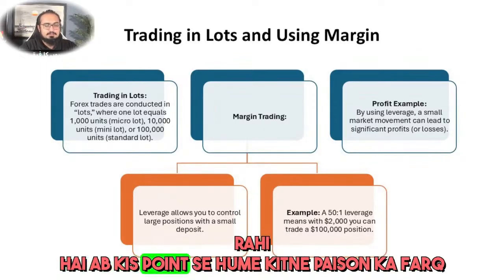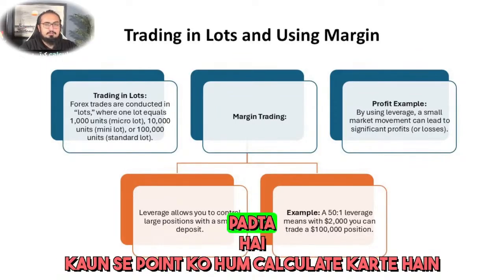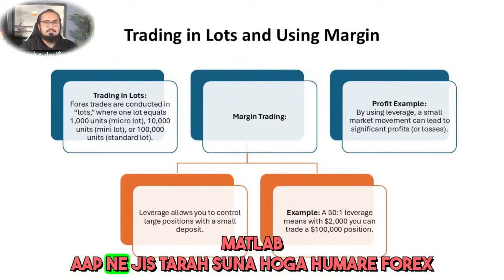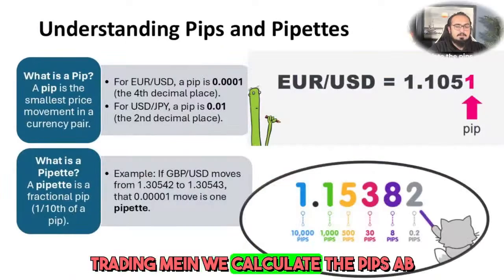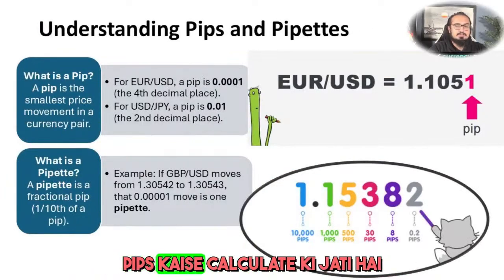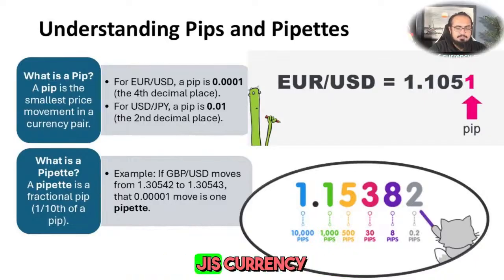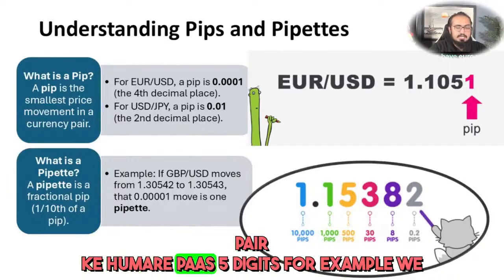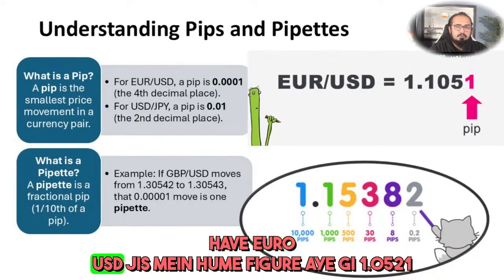If it gives a leverage of 1 to 100, meaning you can open a lot on a $1,000 account or open a position of $100,000. Similarly, when you do that, you will get significant profit and significant loss. That's why it's always said, always manage your risk.